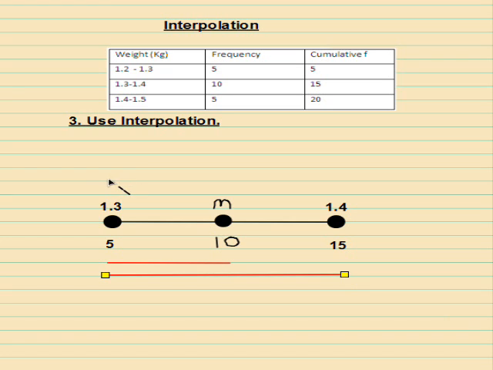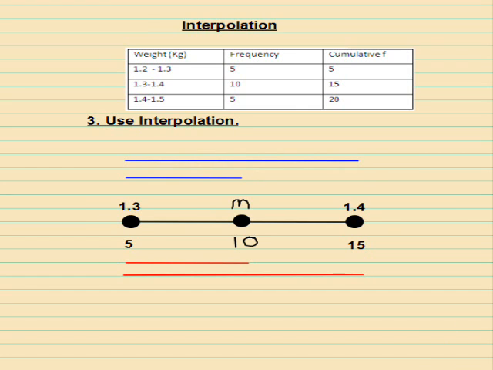And we know in exactly the same way that M is this distance along compared to this overall distance. And so we set up two equivalent fractions. We know that to get to the 10th position we've moved this distance compared to a total of this distance, and exactly the same way on the other side we've moved this distance compared to an overall distance here.